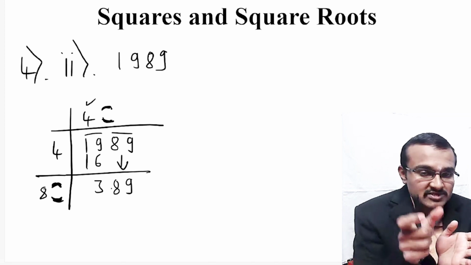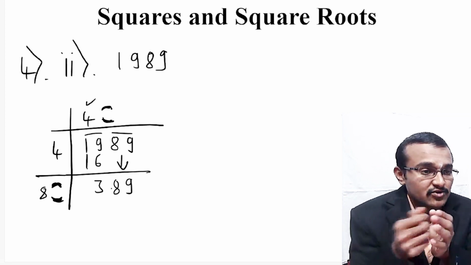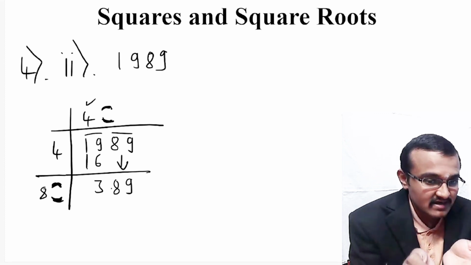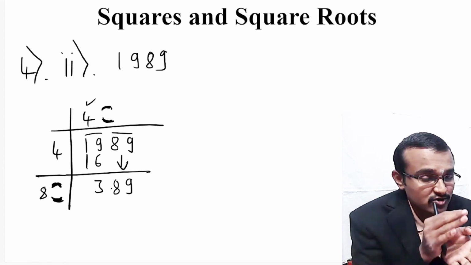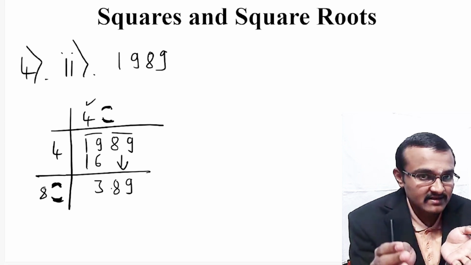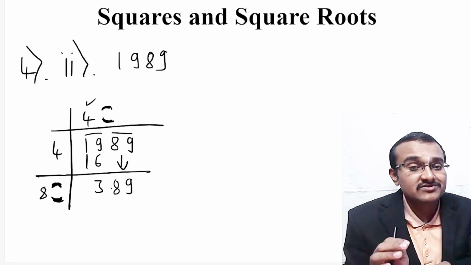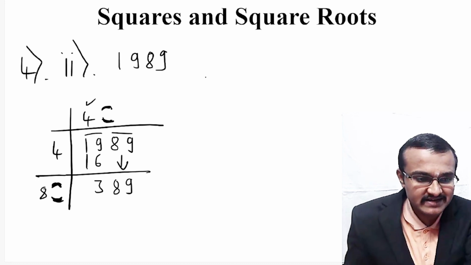Like if 389 was there, you could subtract 389 and 389 and get 0. But here, since this is not a perfect square, you are not getting 389. So you should find the nearest closing number for 389. So you'll go on finding that.